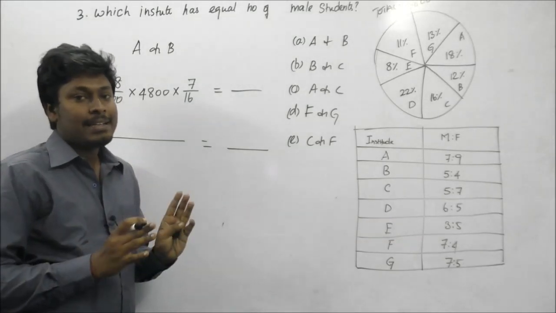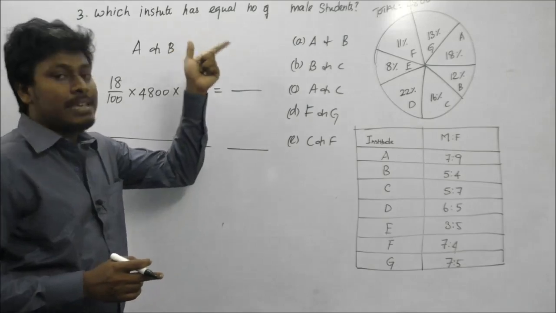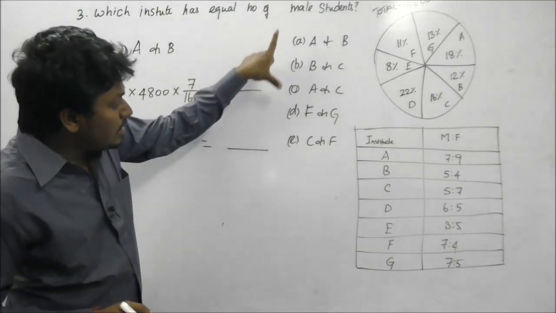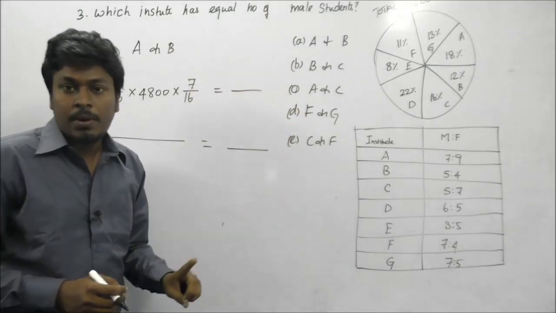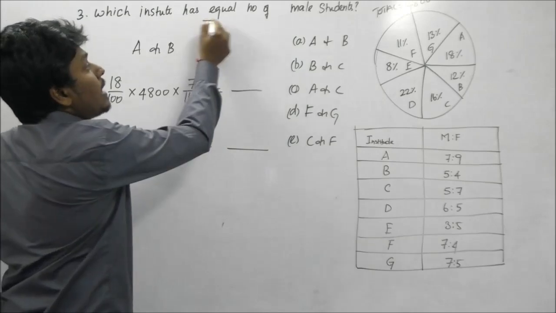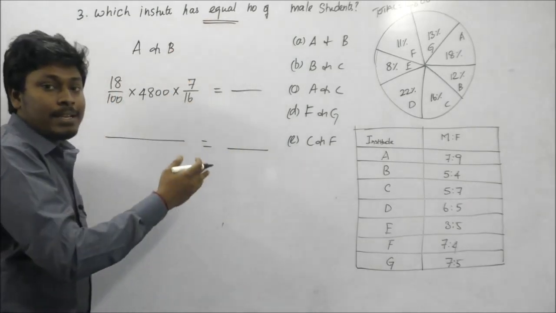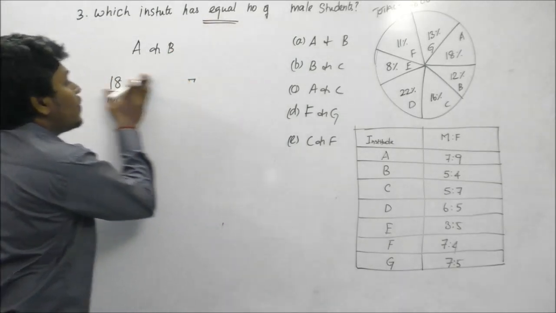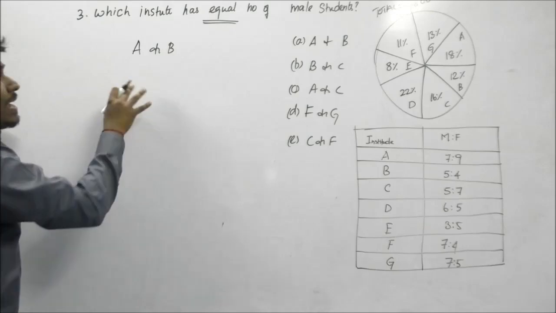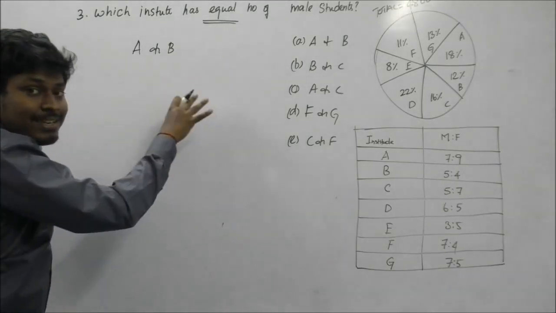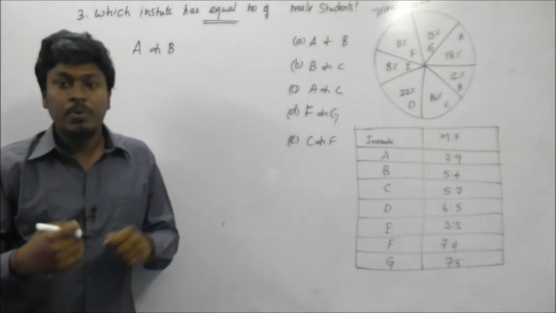Remember one thing, the idea is that they are asking which is equal, right? Among these 5 options, any one may be equal. So the word equal occurs, and you just go for equating. Initially I went for a lengthy procedure, but if you understand the concept, I hope you can solve this question.